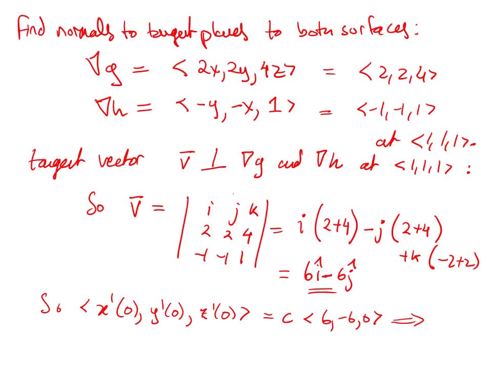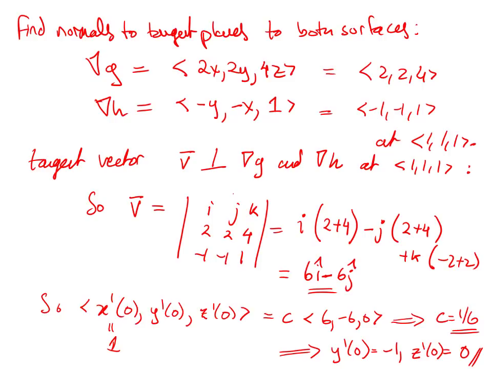If you solve this, since we know that x prime naught is equal to 1, we get that c is equal to a sixth, which implies that y prime naught is equal to minus 1, and z prime naught is equal to 0. And that's the answer. The point of this was we managed to find these derivatives at this point without actually calculating the parameterization. All we needed was local information, and all that information was contained in the gradients and tangent planes.